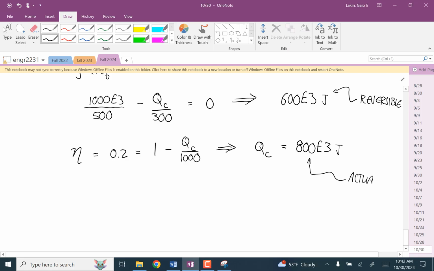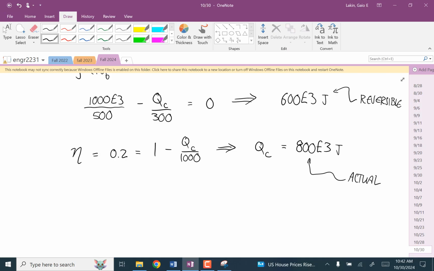This is in the actual case. You can see that if you had perfect efficiency for this system, you would be losing less of that energy to the exhaust. In a less efficient system, you're losing more energy to the exhaust.